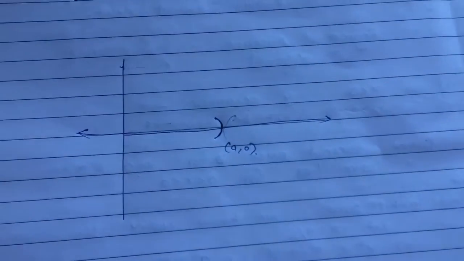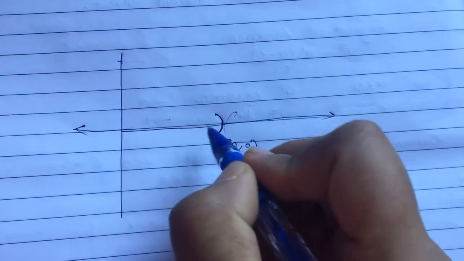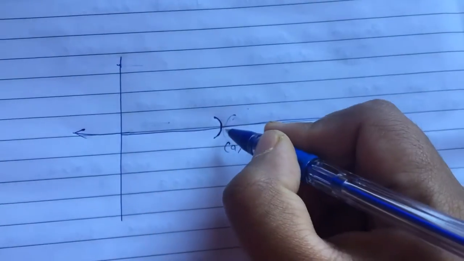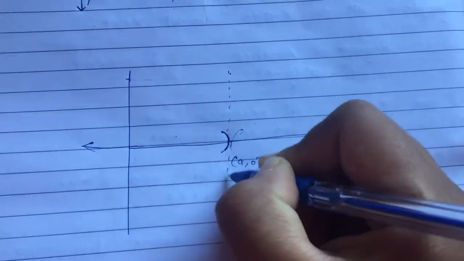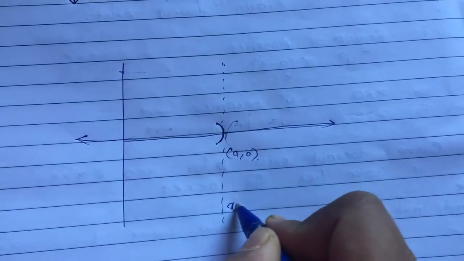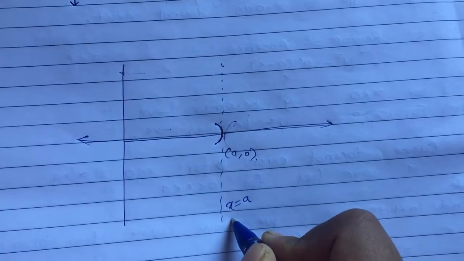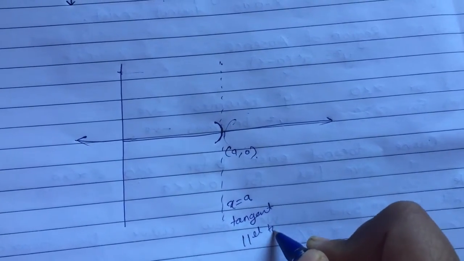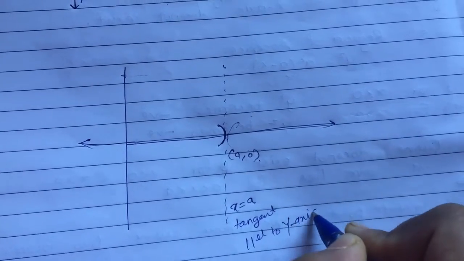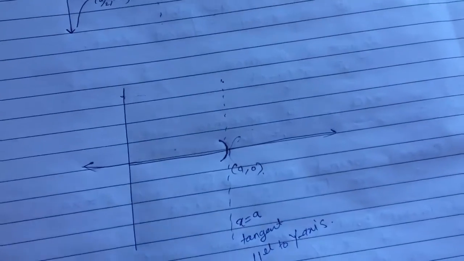Now we know that the curve has a tangent at (a, 0) which is parallel to the y-axis, right? So draw the tangent. What is the tangent? x is equal to a, tangent parallel to the y-axis, right?